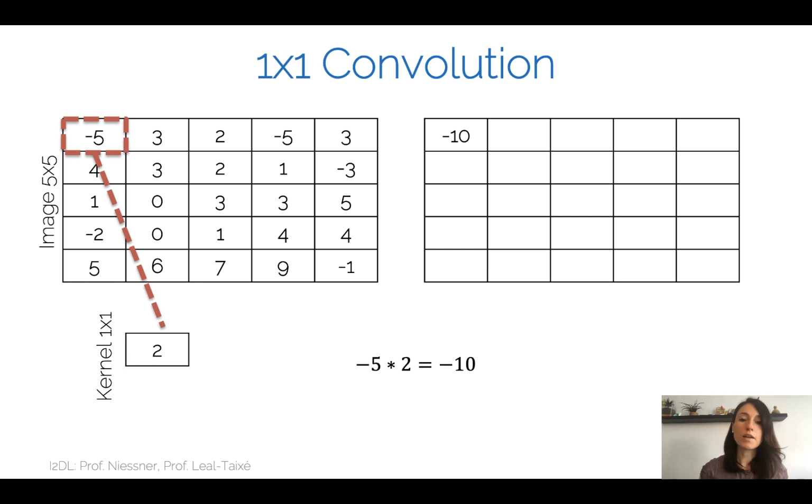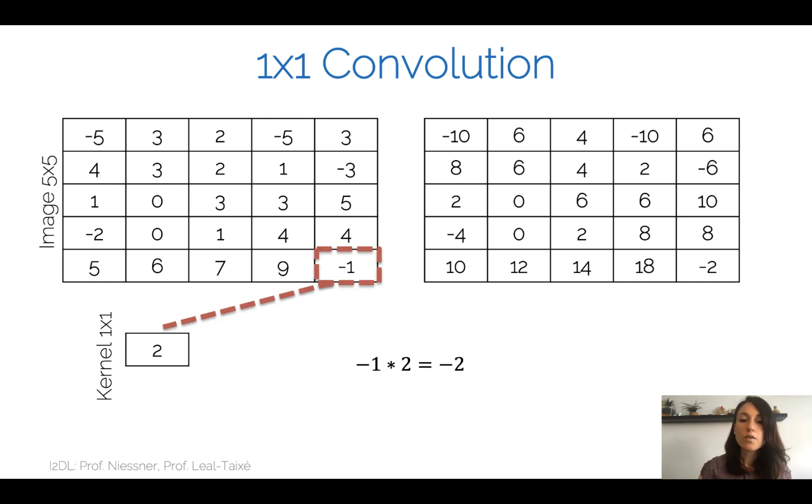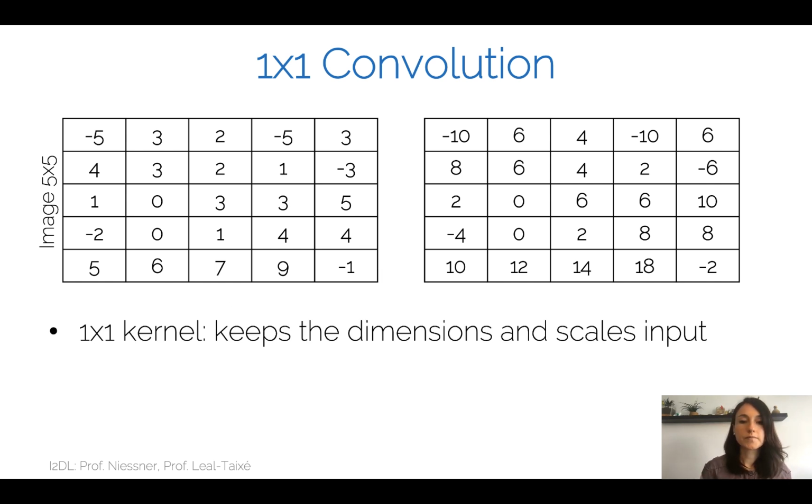So you multiply by 2. So we're going to have this whole matrix which is scaled with respect to the input. So the key things to remember about one-by-one convolution is that the dimensions of the input are kept also in the output, no need for padding, and we are getting a scaled version of the input.